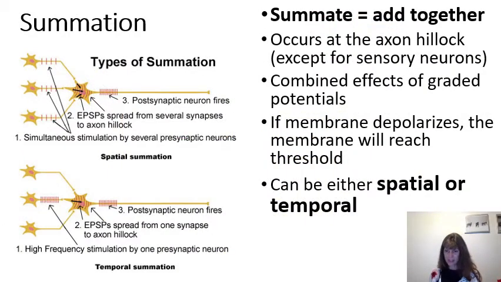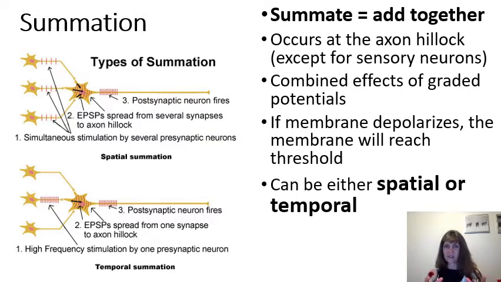On the previous slide, we saw a picture of a postsynaptic neuron receiving information from other presynaptic neurons. And when there are different areas of a neuron being stimulated, those signals can be added together, which is the process of summation.